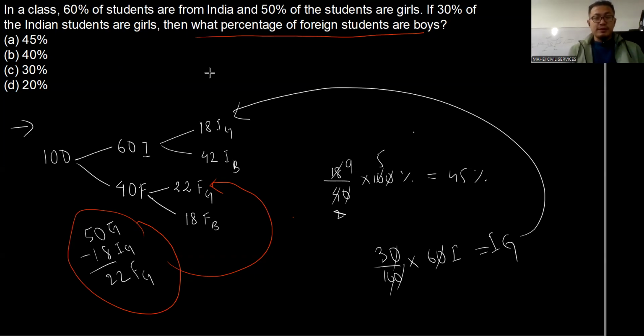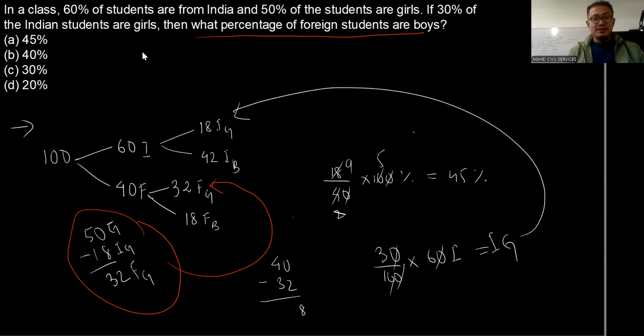Sorry, 50 minus 18, total students 50% are girls, and 50 minus 18 is 32. So again 40 minus 32.